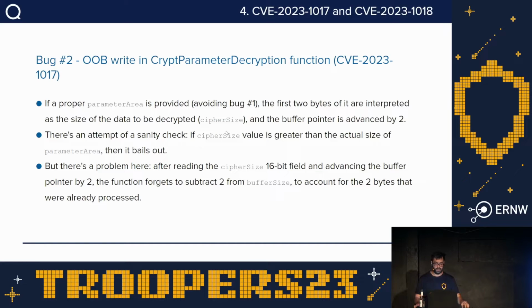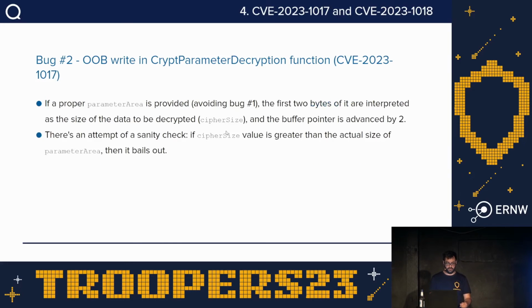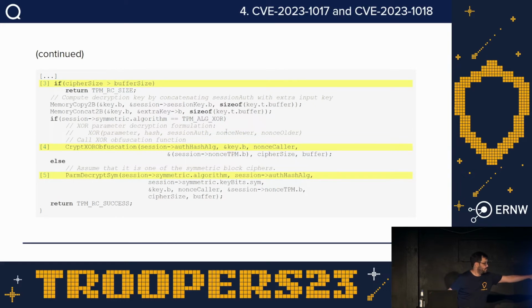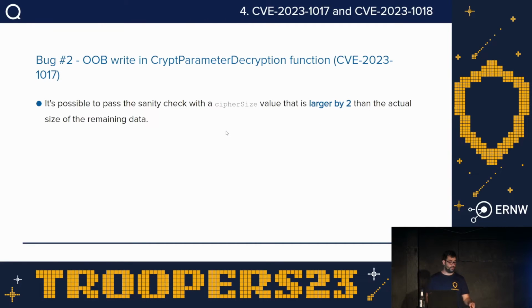But the problem is that after it reads the 16-bit value of cipher size and advances the buffer pointer by 2, it forgets to subtract 2 from buffer size to account for the 2 bytes that were already processed. As a consequence, it's possible to pass this sanity check with a cipher size that is larger by 2 than the actual size of the remaining data.